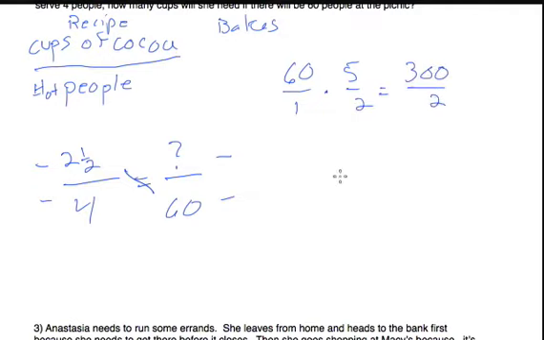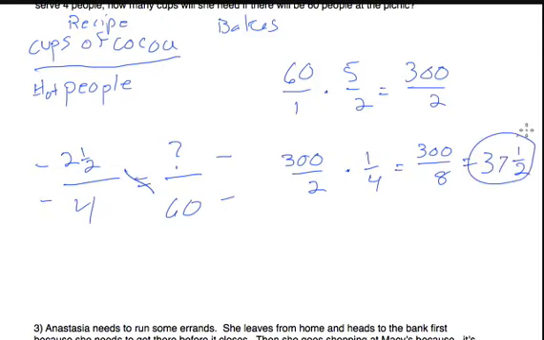Don't simplify it yet, work with fractions. 300 over 2 divided by 4, which is just times 1 over 4, which is 300 over 8, and now you can simplify that. 300 divided by 8 is 37.5, which is 37 and 1/2 cups of cocoa.